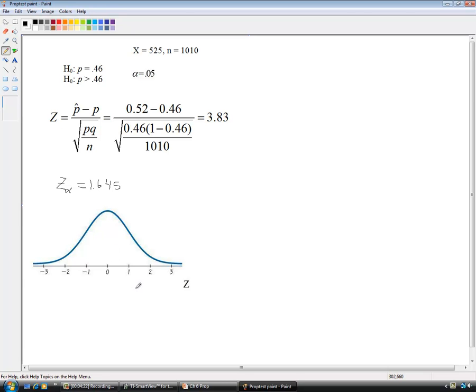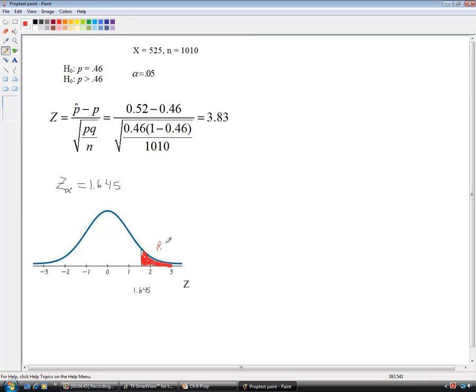So it's going to be in this area here. Let me just draw my line. Thereabout is the critical value. So our critical region is over here. So this is the area where we reject.